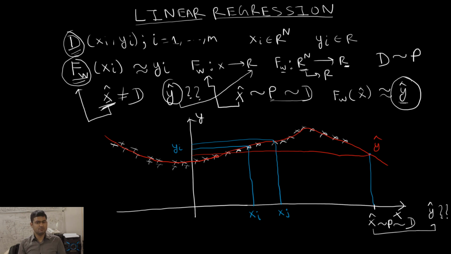We started with some data points, we learned this functional mapping that best explains this data, and whenever a new point x hat arrives, which is drawn from the same distribution from which the data set is derived, we can just use the learned functional mapping to get the corresponding y hat values. So this is what supervised machine learning is all about.